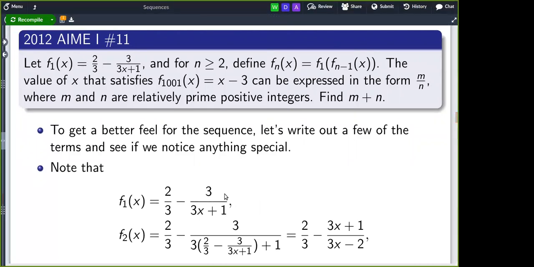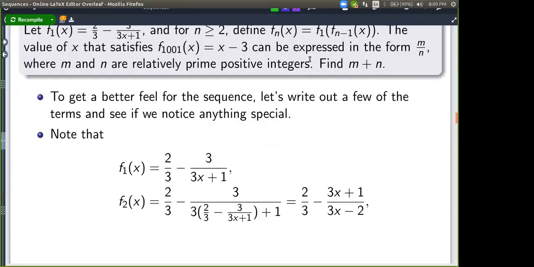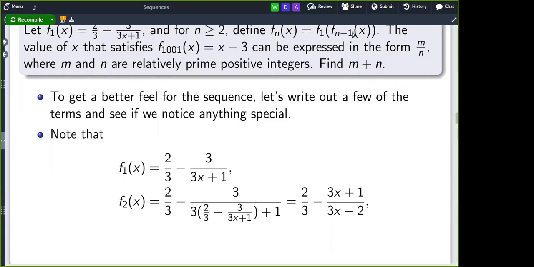If you simplify that, it's equal to 2/3 minus 3x plus 1 over 3x minus 2. I'm not going to go about simplifying that, but that's what happens when you simplify it. We still don't see anything useful yet. It looks a little bit similar to F1, but it's slightly different.